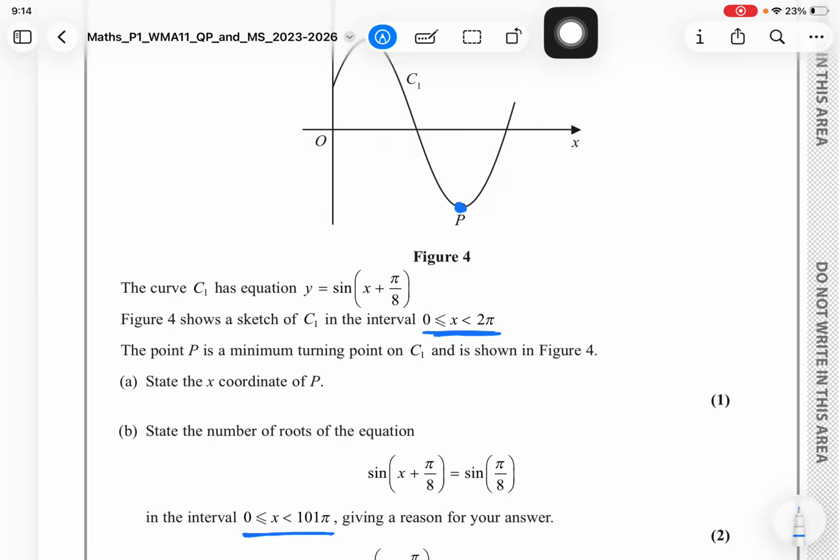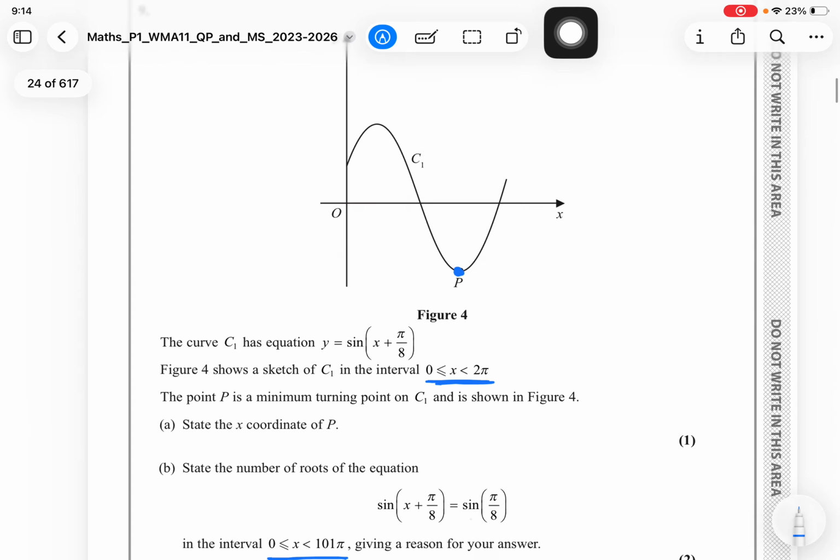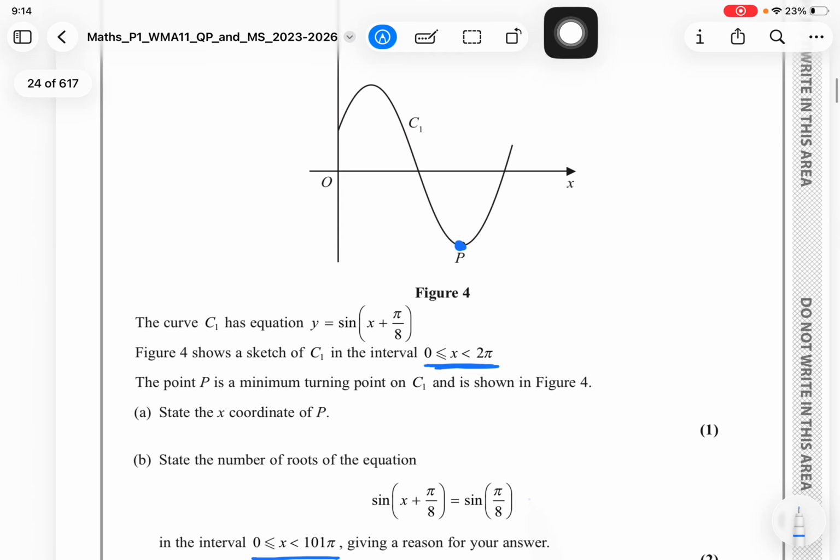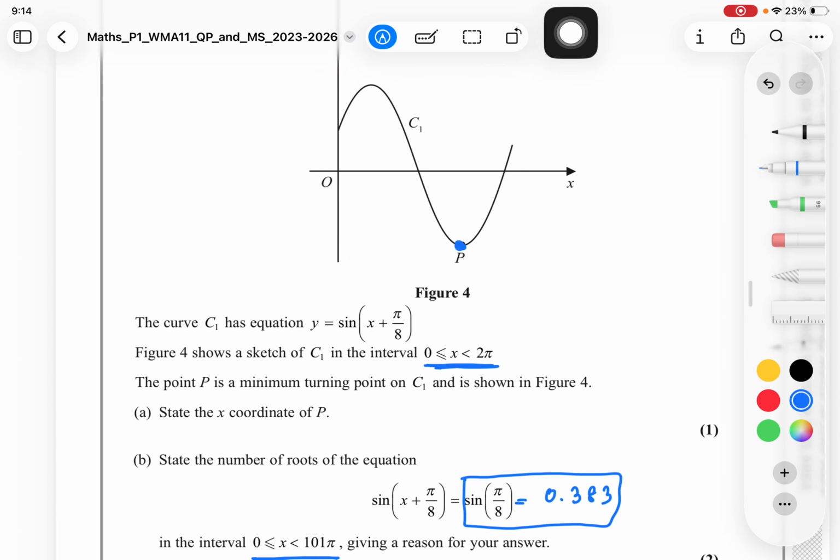Now they're asking about our particular graph y equals sine pi over 8. We know the value of sine pi over 8 is 0.383, because pi divided by 8 is 22.5 degrees. So this is literally a straight line, and it will be 0 point something.